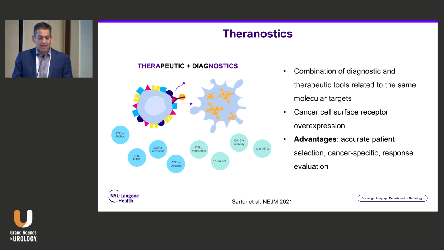Of course, we're highly interested in this space currently in lutetium PSMA, but be aware that this has been done for more than 50 years as a concept in the space of thyroid cancer with iodine treatment. So what we're doing now is nothing new in terms of the ability to combine the diagnostics and the therapy.